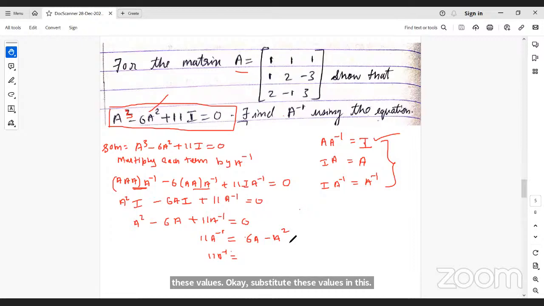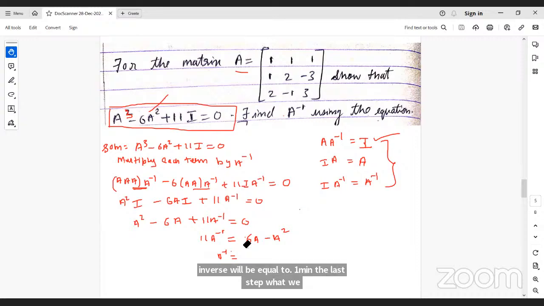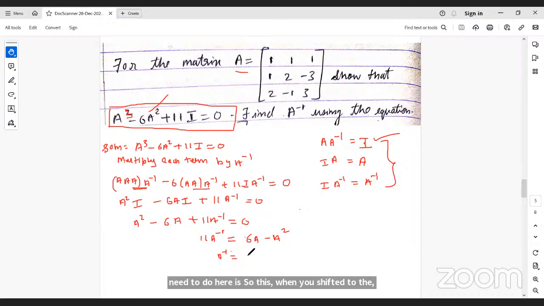On substituting this and simplifying, the last step is that this 11 you shift to the RHS. So A inverse will be 1 upon 11 into 6A minus A square. Using matrices, we need to simplify these two, and we have to divide it by 11. This is the procedure to calculate A inverse.